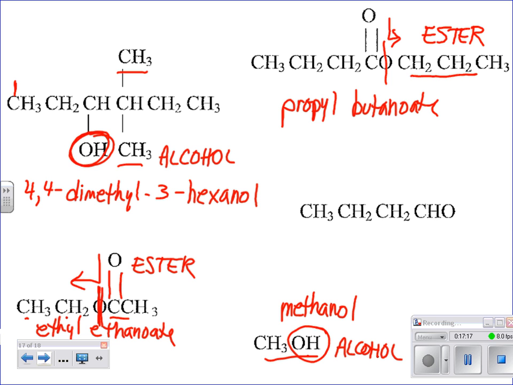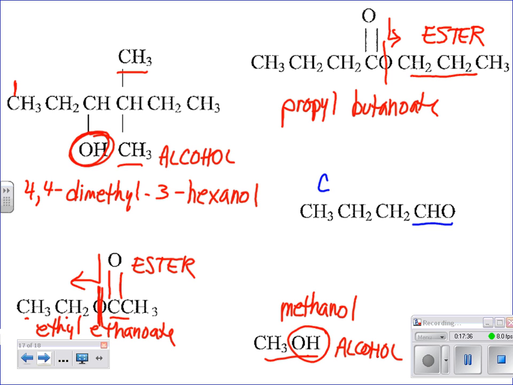Now with this one, this can be a little tricky because what we're looking at is a condensed structural formula, and sometimes you can kind of skip over some things and assume this is something else. This is not an alcohol. You've got an HO at the end, but what you're not seeing is any double bonds or anything like that.